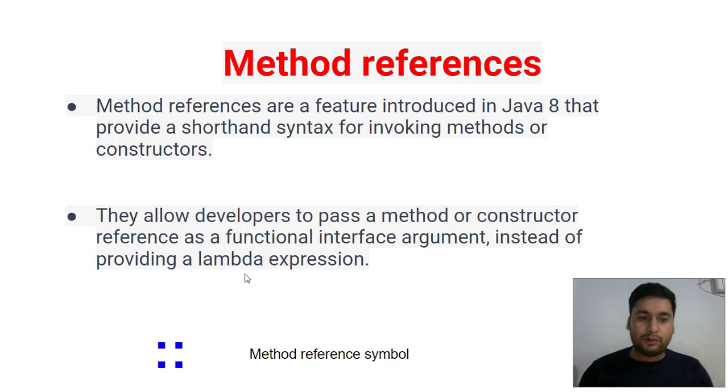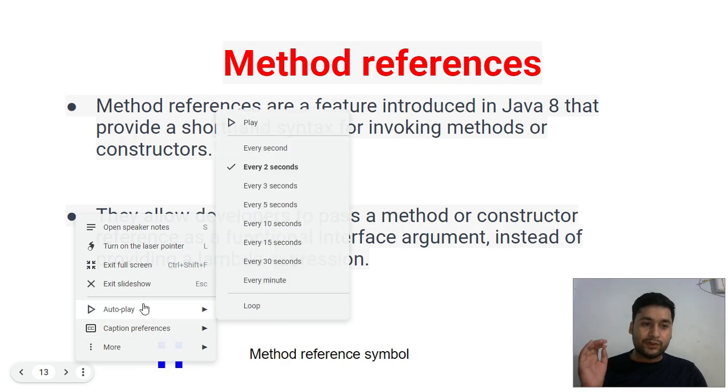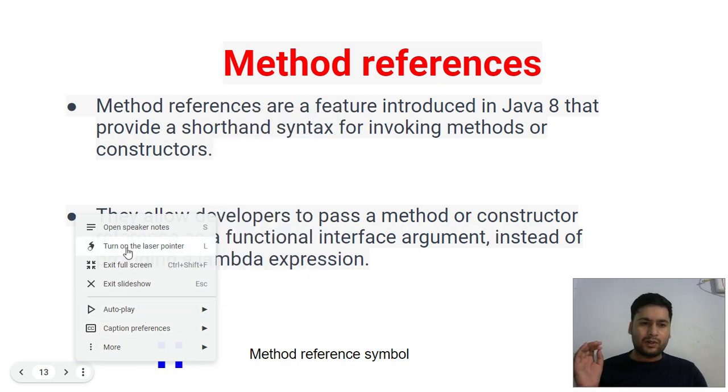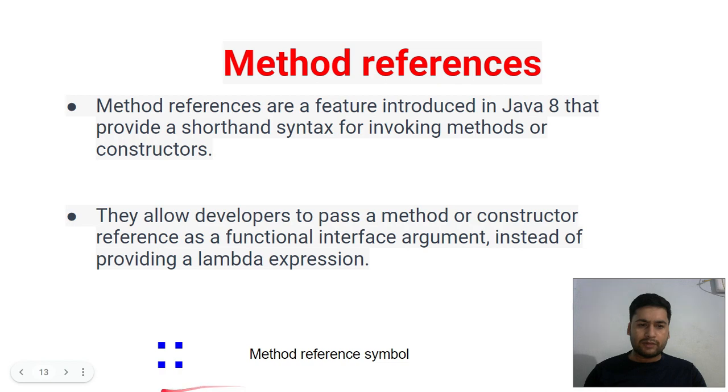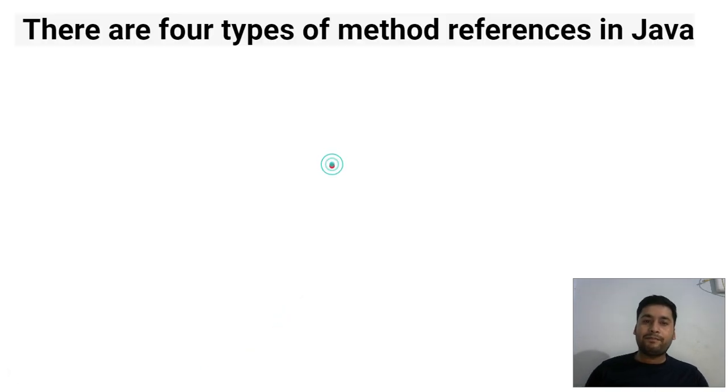That is also a good point. And one thing you have to remember guys, the double colon symbol is nothing but the method reference symbol. So many people are getting confused. They are saying, okay, I don't know what the symbol is, what is the use of this symbol. So this is the replacement of lambda expression, which is nothing but method reference. That's it. Okay, let's go to the next slide.